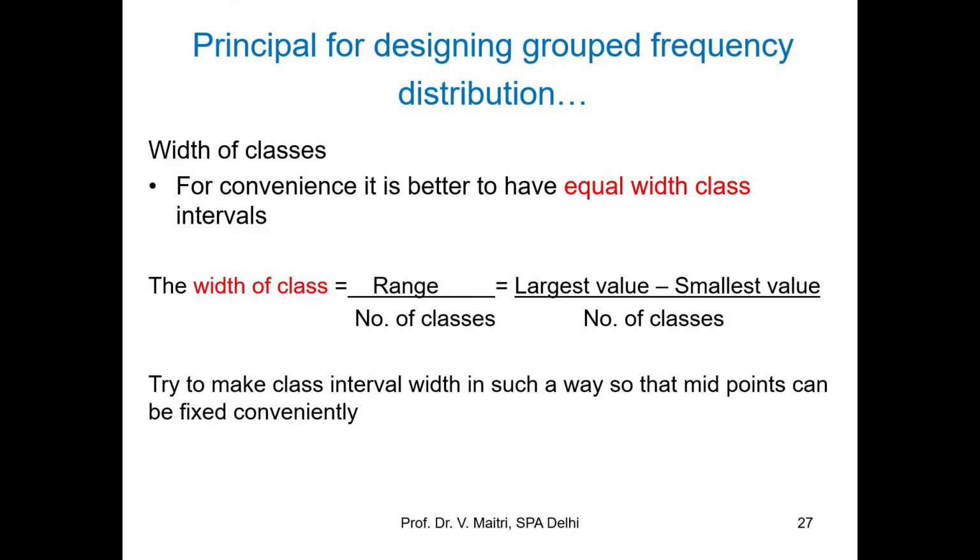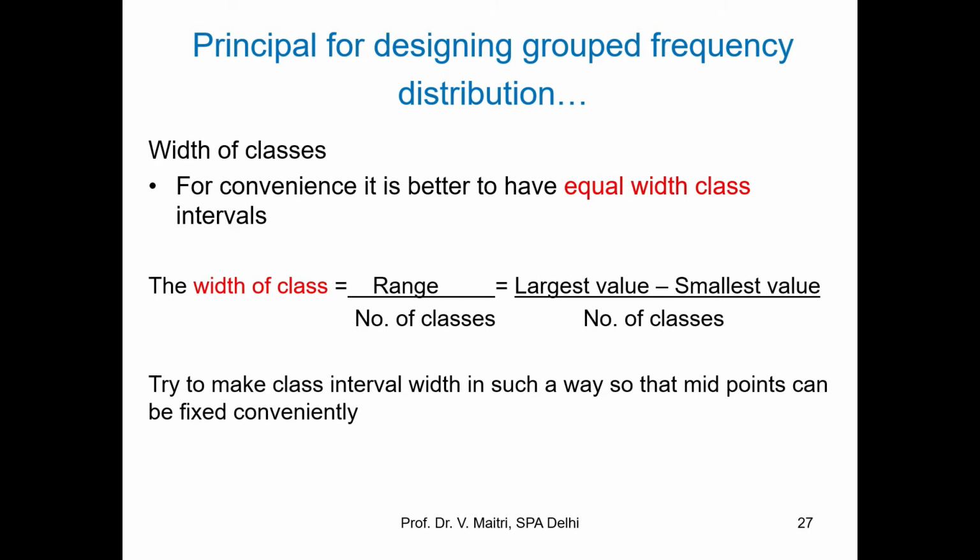Now, what are the principles for designing the group frequency distribution? For the width of the class, for convenience, we always use equal width class intervals. It is easy. But sometimes we may require unequal class widths also. But how to do that, we'll see. How to design the width of the class? Range, that is the largest value minus the smallest value, divided by the number of classes.